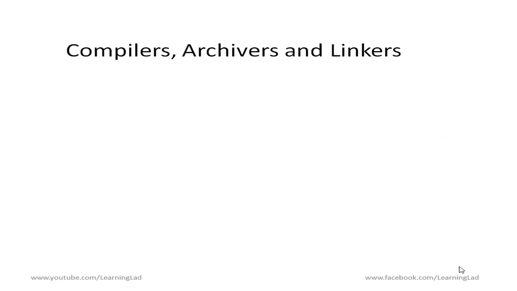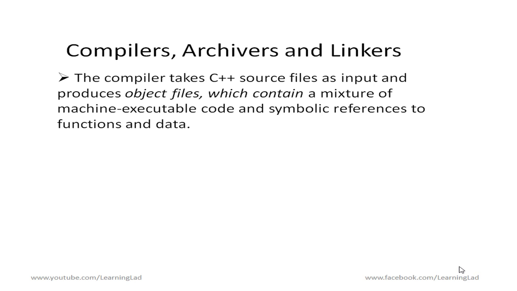So now we're gonna see the compilers, archivers, and the linkers in detail. The compiler takes a C++ source file as the input and it produces object files which contain a mixture of machine executable code, the code in zeros and ones, and also some symbolic references to functions and data.